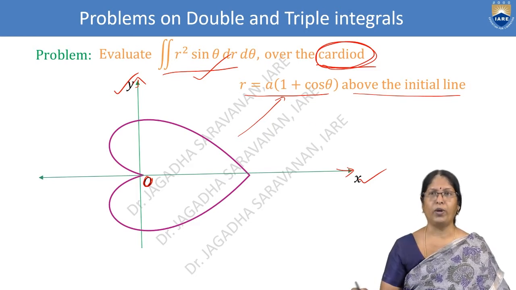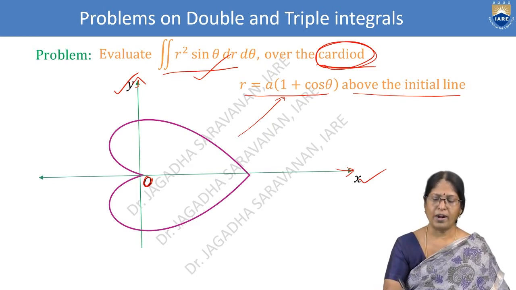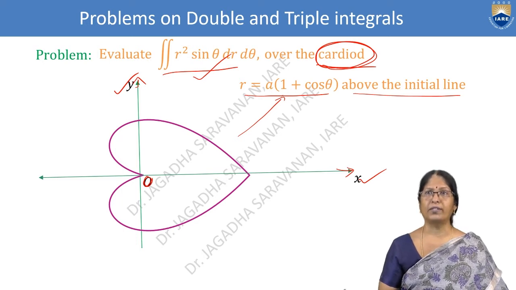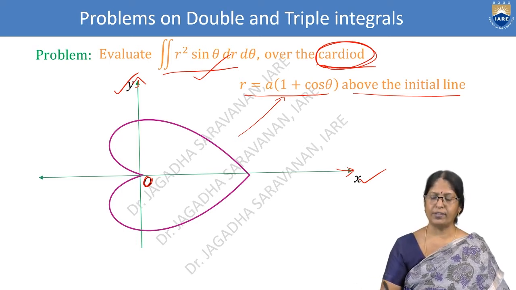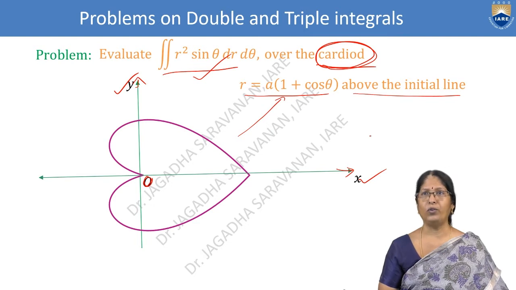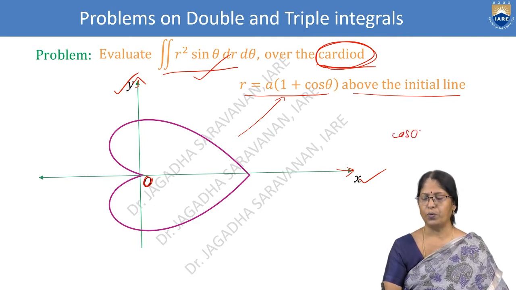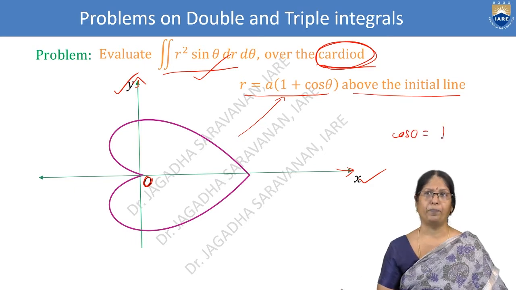Now, it is given r equal to a of 1 plus cos theta. First, we know the cos values: cos 0 equals 1.